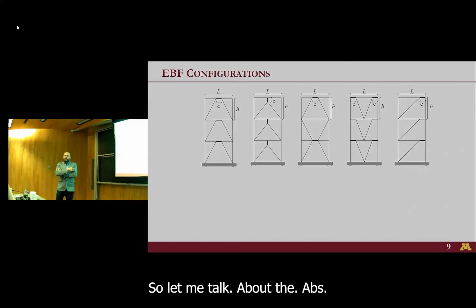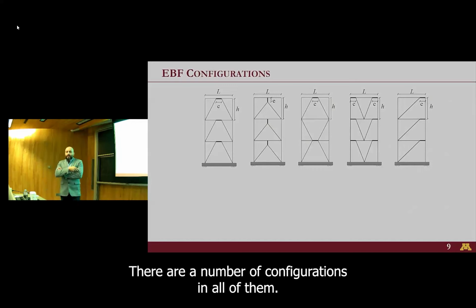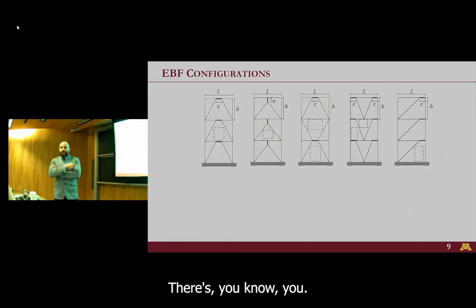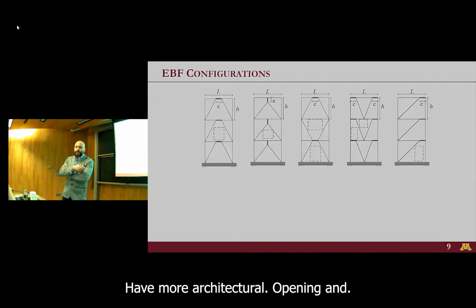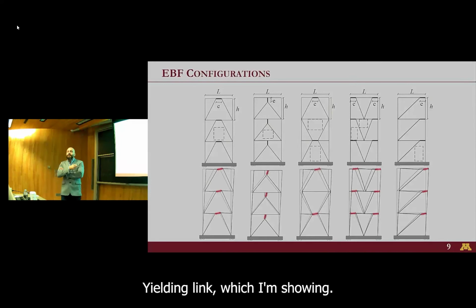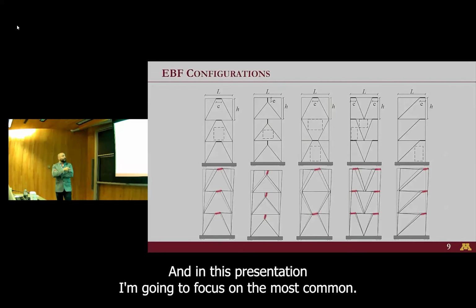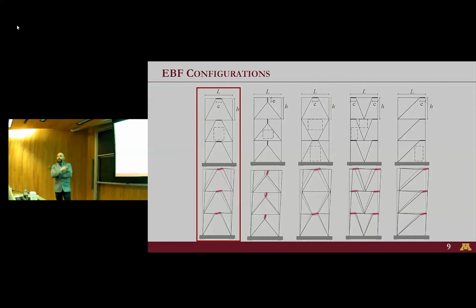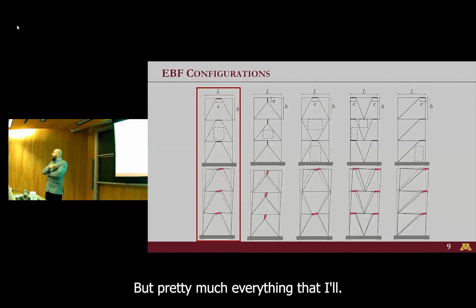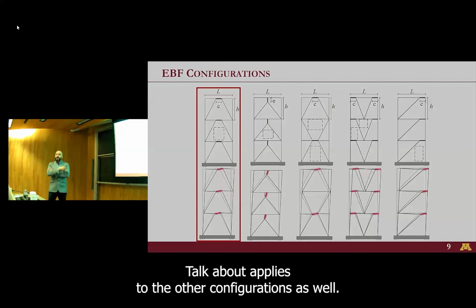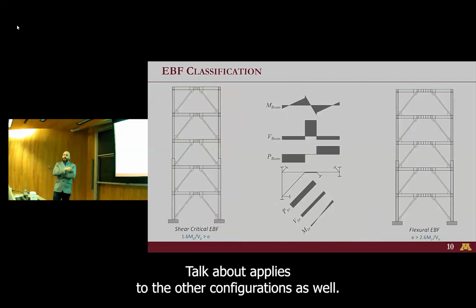So when we talk about EBFs, there are a number of configurations. In all of them, you have more architectural opening, and you have that yielding link, which I'm showing here with red. And in this presentation, I'm going to focus on the most common type of EBF or the most common configuration. But pretty much everything that I'll talk about applies to the other configurations as well.